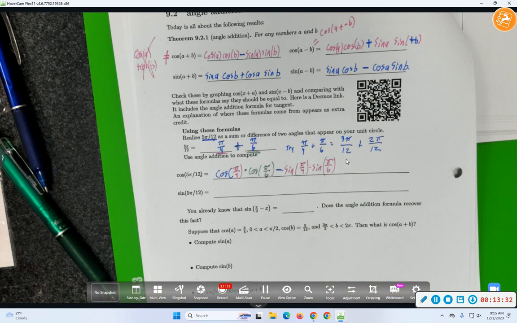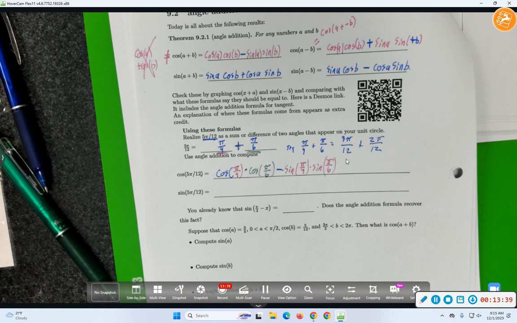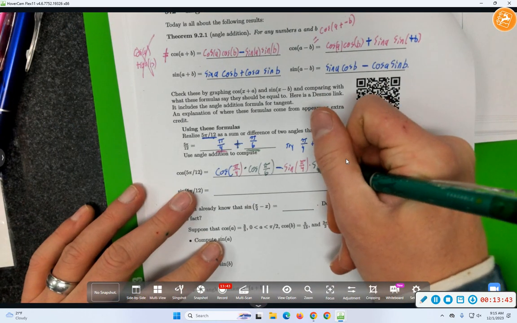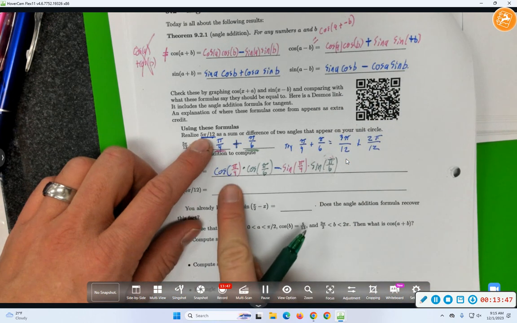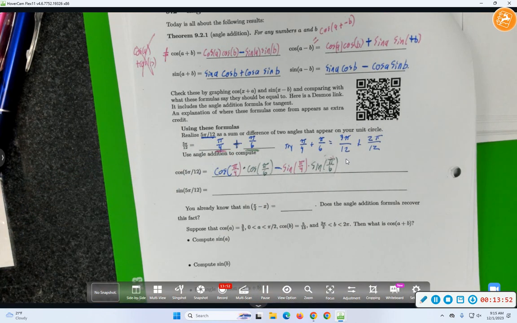Cool. So far, so good? Are all of these individual trig values numbers that I know? Oh, I said I would color code them, I just didn't. Sine pi over 6. So cosine A, cosine B minus sine A, sine B. What's the cosine of pi over 4?